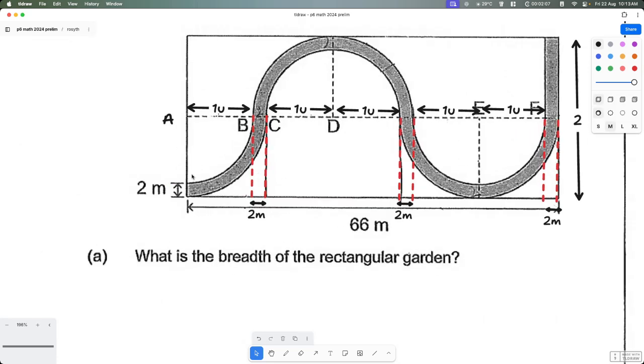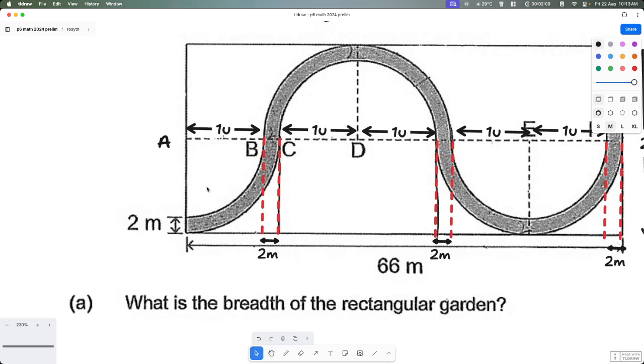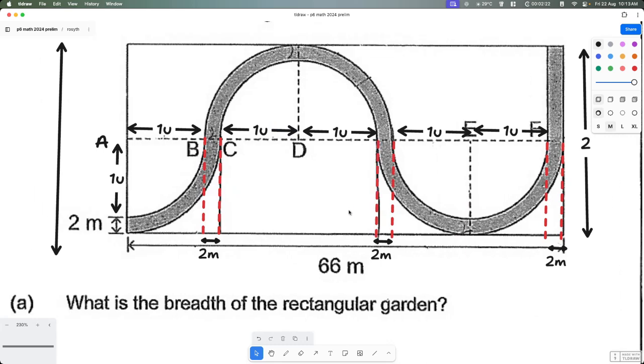And A over here, what's the breadth? The breadth is basically this whole thing. So it's equal to 1 unit plus 2 meters, and then another unit.